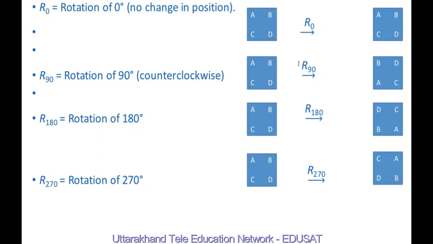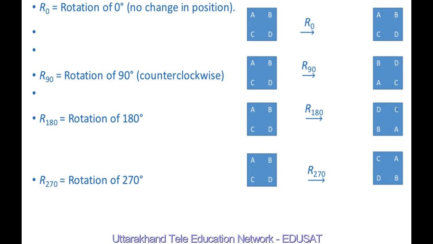But we have seen that when we rotate by 90 degrees, the positions of these corners are changed and the resulting position is the one we discussed in the previous slide. So this is the corner B, this is the corner D, this is the corner A, and this is the corner C of the original square, although the shape of both squares is the same.